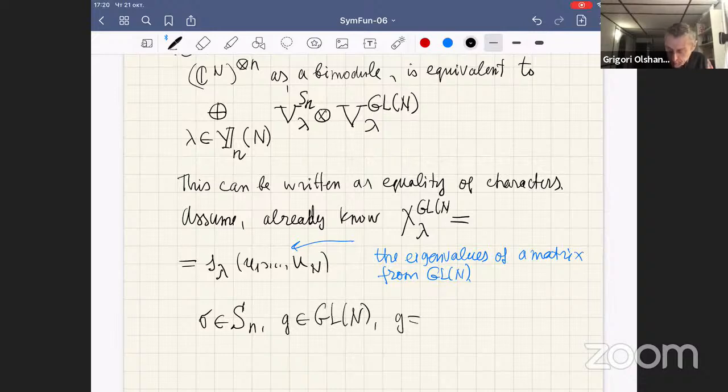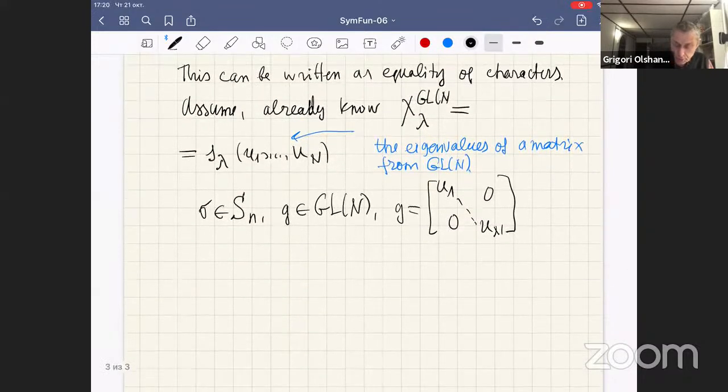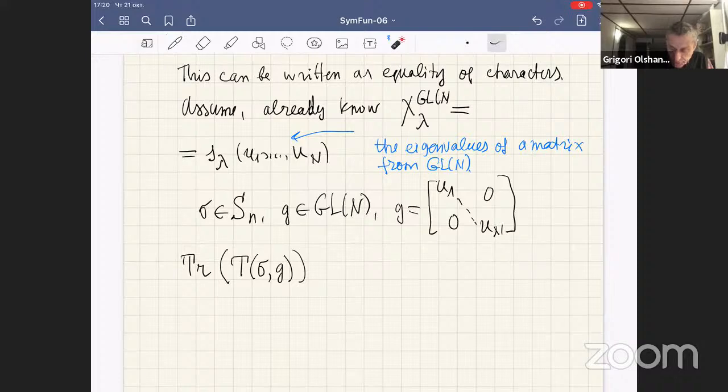We can assume that it is a diagonal matrix. And we want to compute the trace of the operator, which I will denote by T of sigma and G. What does this mean? We have an action of two groups which commute. That is, we have a representation of a direct product of a symmetric group and the general linear group. So this object is well defined.